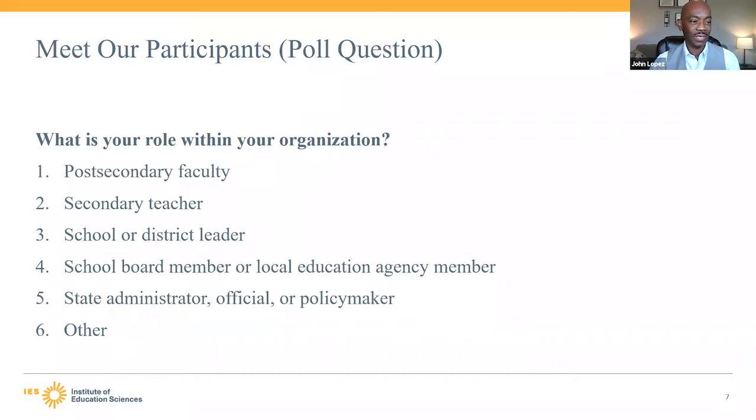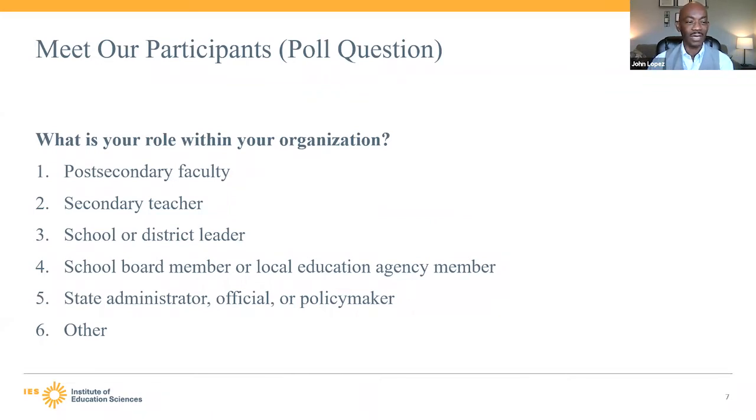So we're starting to see quite a bit of somewhat equal distribution among post-secondary faculty, school or district leaders, and state administrators, officials, or policymakers. That's encouraging. Love to have you join. Part of the purpose of this is to enact policies that lead to practices that benefit all.